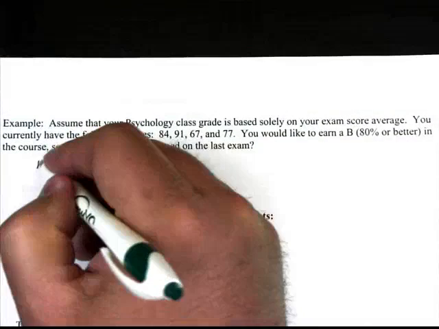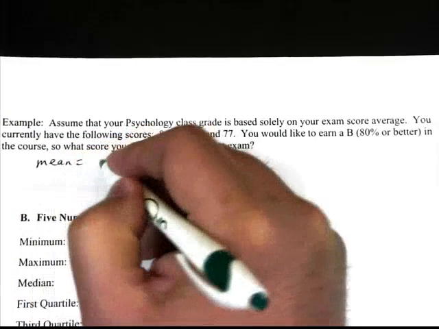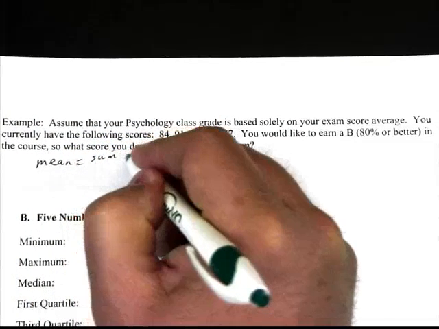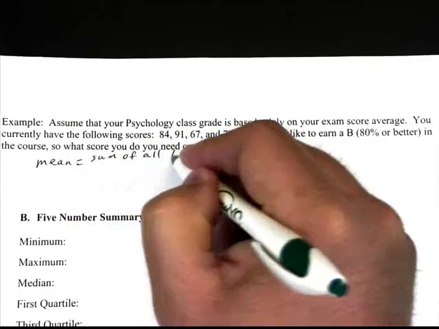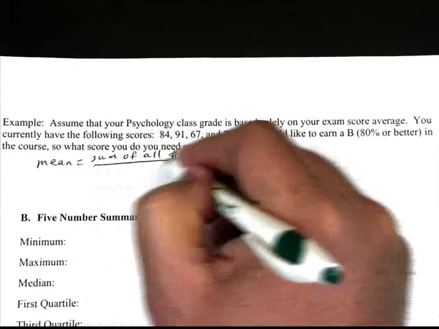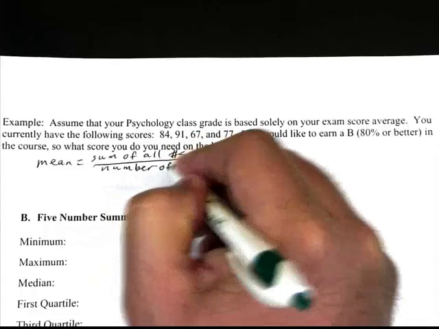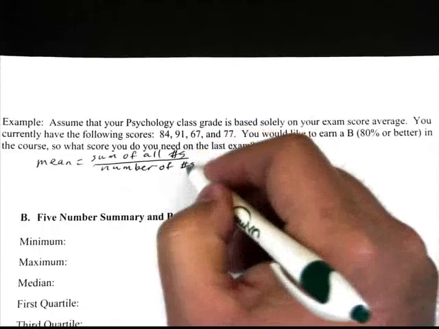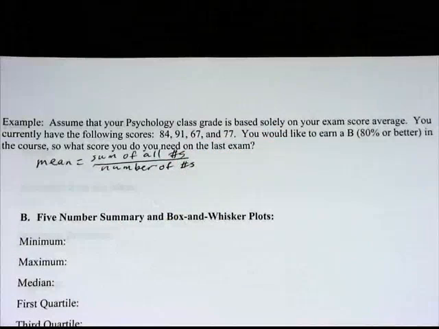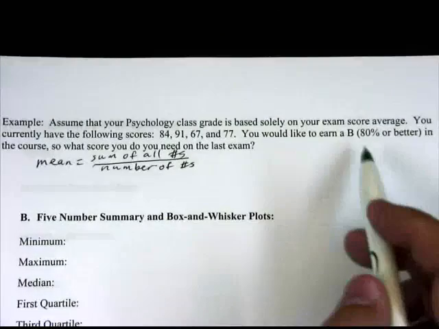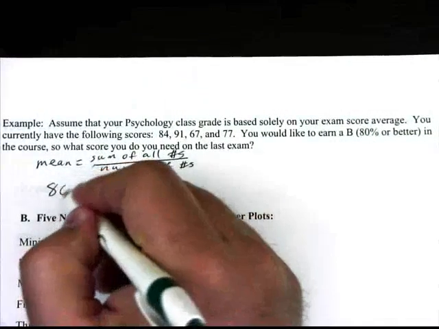So remember, we said that mean is equal to the sum of all numbers divided by the number of numbers. And before, we knew these 2 pieces, and we just plugged them in and found the other. This time, we know the mean. We would like to know, how do we get an 80%?